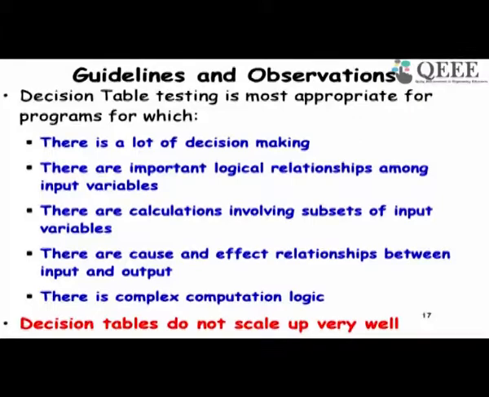If it is trivial, then we don't have to draw the decision table. But we must remember that if you are manually drawing it, the decision table will be hard if the number of rules become 100 or 200 or a million. It becomes difficult to handle it manually.